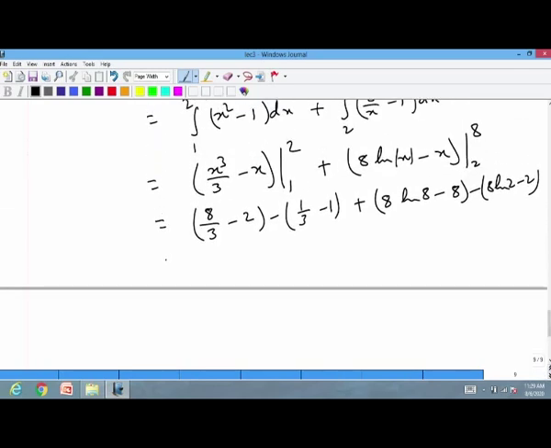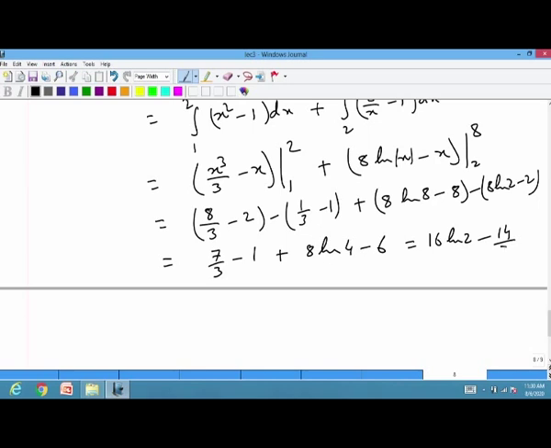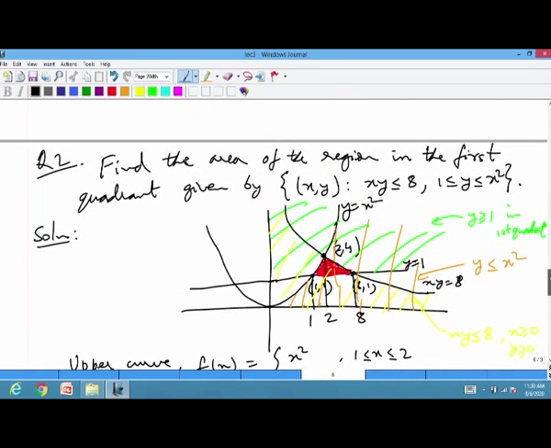And this is equal to 7 by 3 minus 1 plus 8 log 4 minus 6, which is equal to 8 log 4 is same as 16 log 2 minus 14 by 3. So, this is the answer for this.